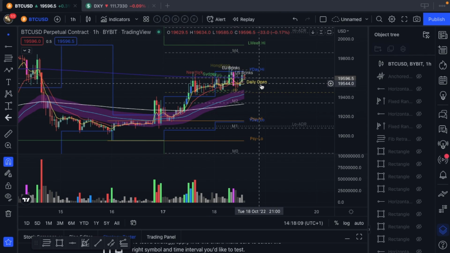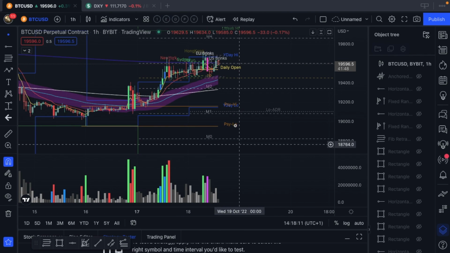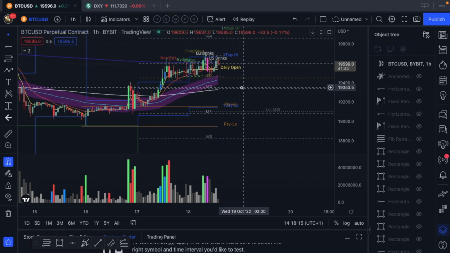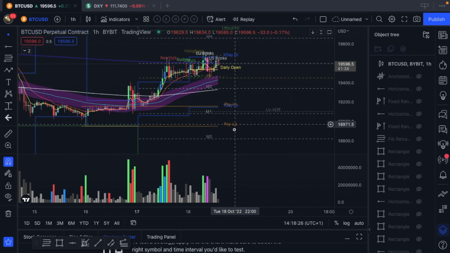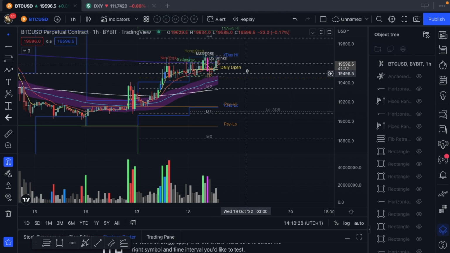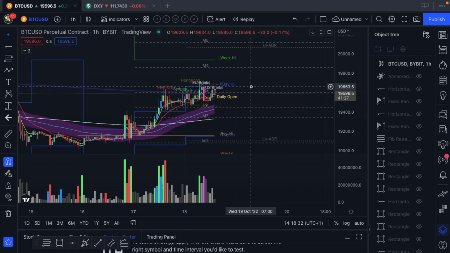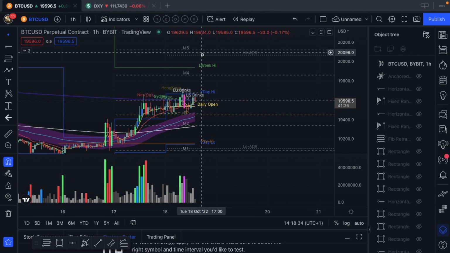All right. So again, if you find support at the M0, you would expect price to go to the M2, not guaranteed, but that's how we play these. You go from 1 to the 2 above or 2 below. So from 0 to 2, from 1 to 3, from 3 to 5, and exactly the opposite from above.